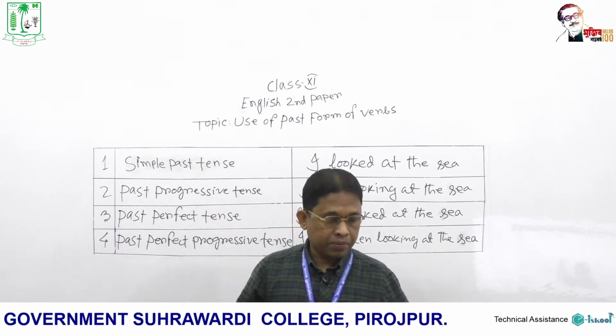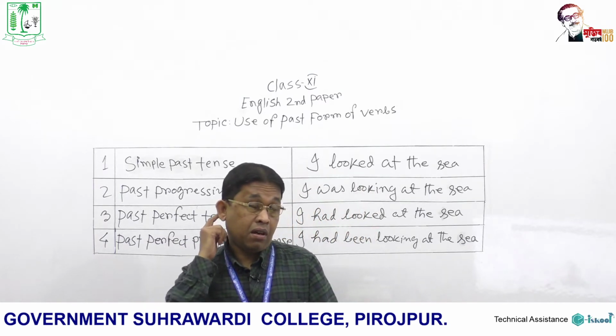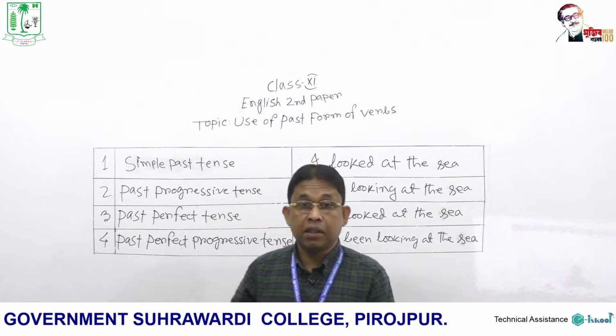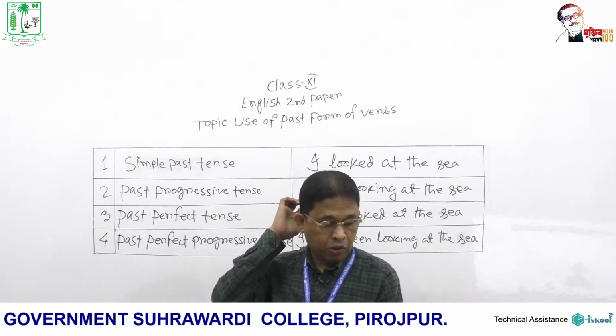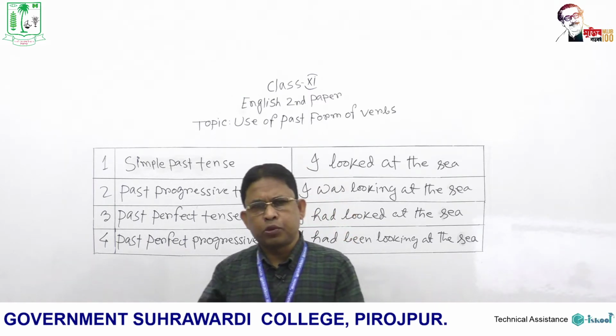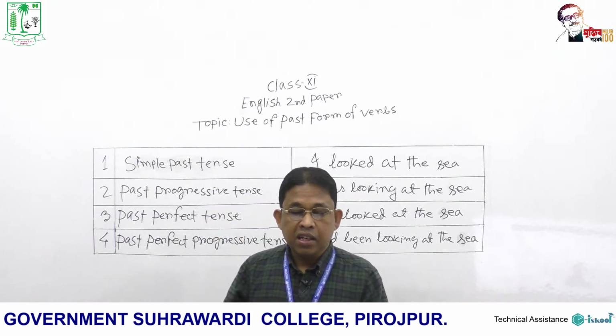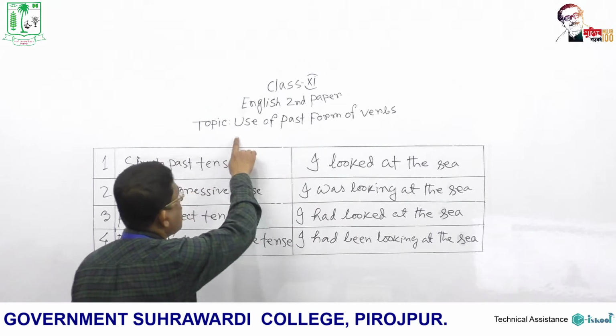You know that we discussed the differences among gerund, participle and continuous form, that is the ing form of verbs, and many other things, of course. Anyway, let us start today's class, use of past form of verbs.